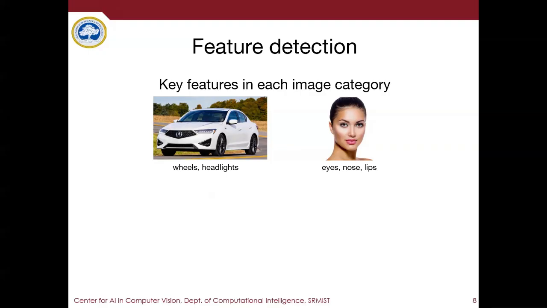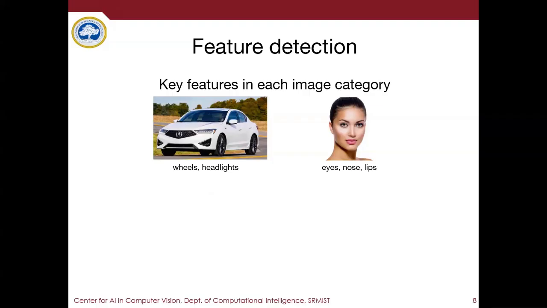Yes, the characteristic, the descriptor. In a car image, you know it's a car because it has this particular shape, it has tires. In a face, you have eyes, you have a nose. We understand this. How do we make the machine understand this?